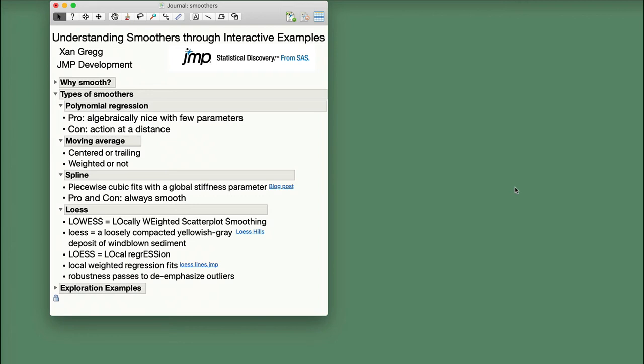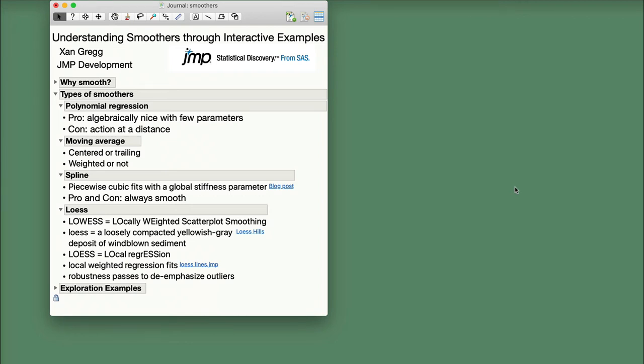Sometime after William Cleveland introduced that, he discovered that there's a word in English, or maybe German is the origin, called loess, which is a geological formation that is a smooth hillside kind of thing. It seemed fitting to his method, so he started using that name instead.